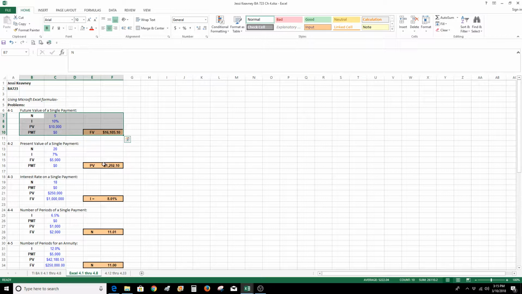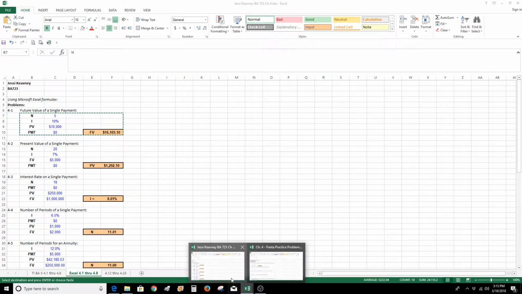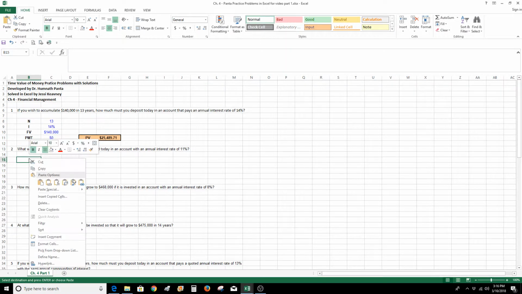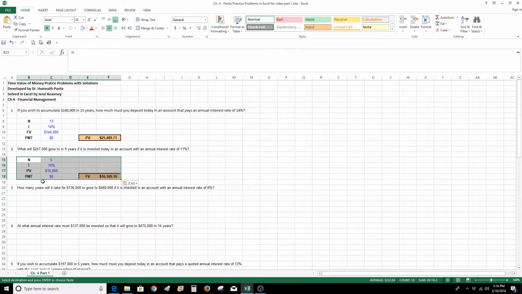I'll have future value, present value, interest, payment, things like that already open in a separate screen so that I can easily copy and paste them into whatever I'm doing on the final exam. So it's just a matter of copying and pasting. We're looking for future value, so I'm going to right click and copy, go back to where we're doing our problems, right click and paste.